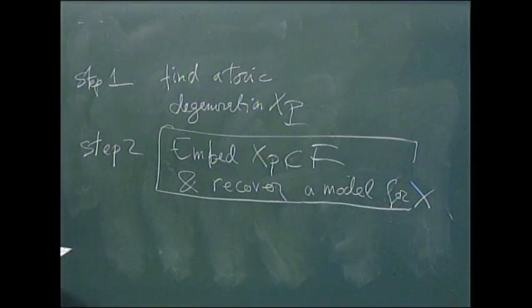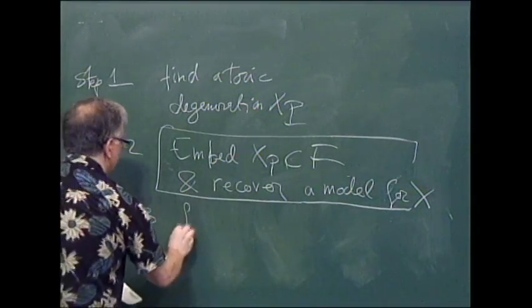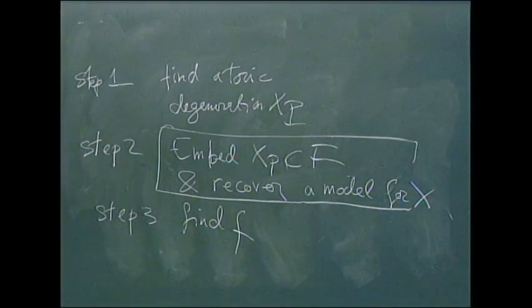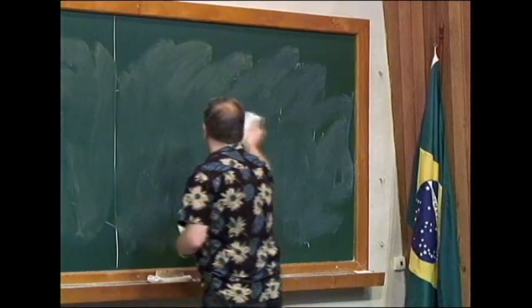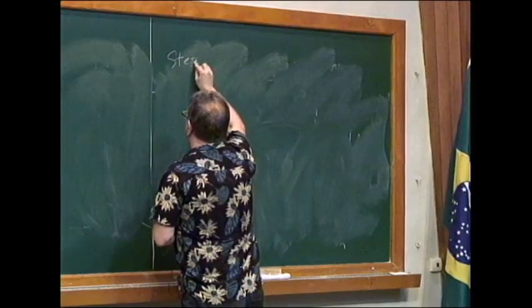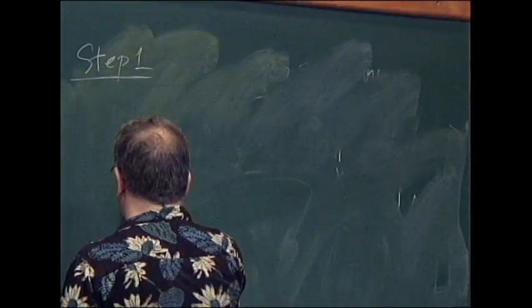And then step 3, also find the Laurent polynomial F. So here's X_P. I'm going to do step 1. P is this polygon.